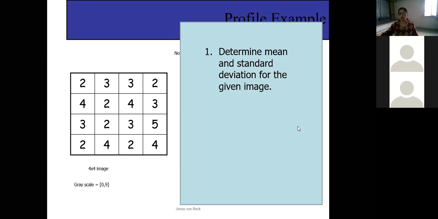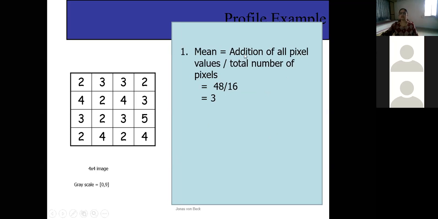Let us move to the next slide. Mean is nothing but the addition of all pixel values divided by the total number of pixels. It is 3. Now determine the standard deviation for the given image. For standard deviation, we have to determine the square of the difference with respect to the mean.